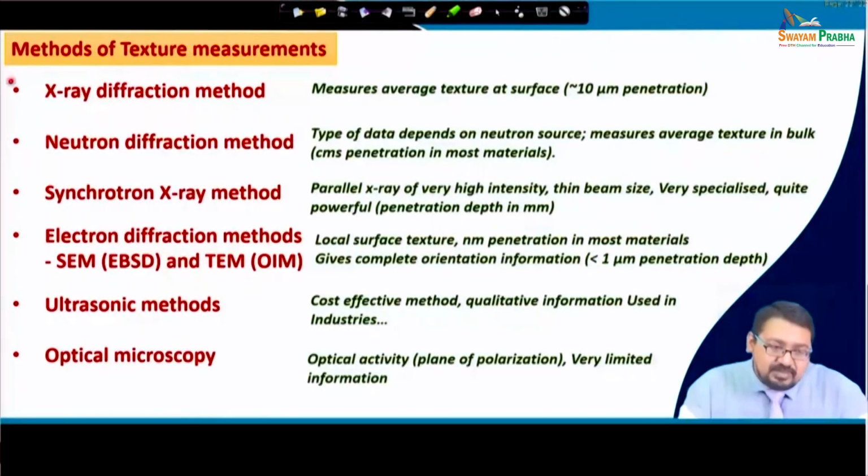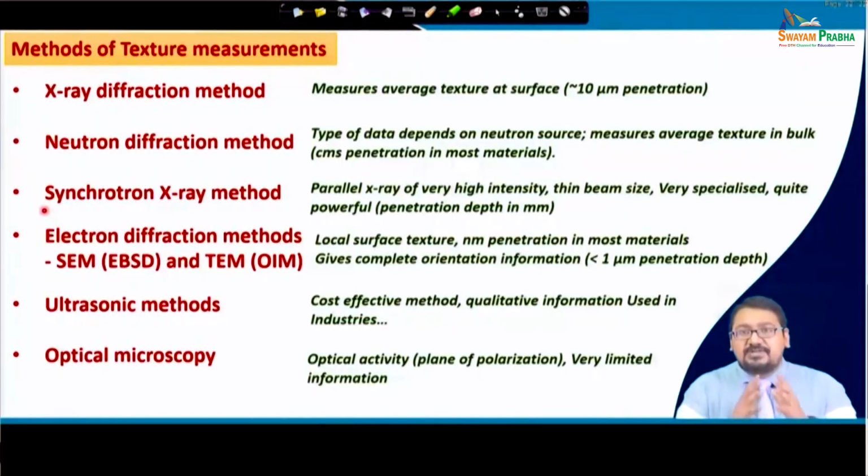So, the third is the synchrotron X-ray method. Now, you see, as I said, synchrotron is a specialized beam and it is an X-ray beam, usually known as short wavelength X-ray beam. The intensity of the synchrotron X-ray is very high.